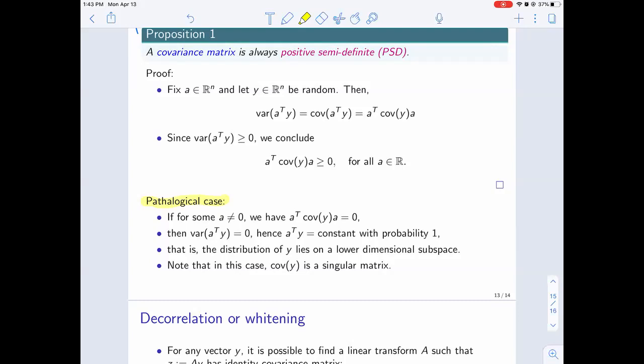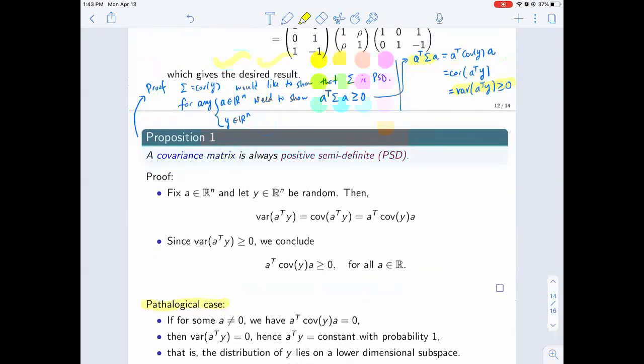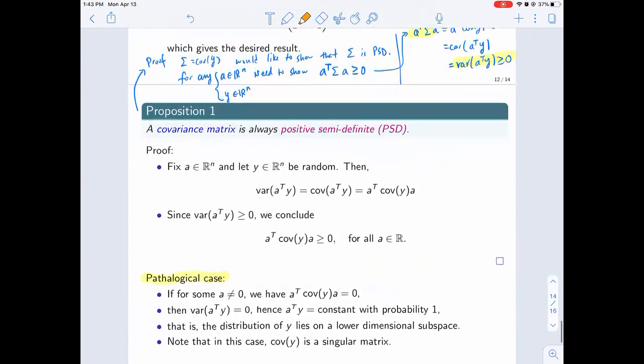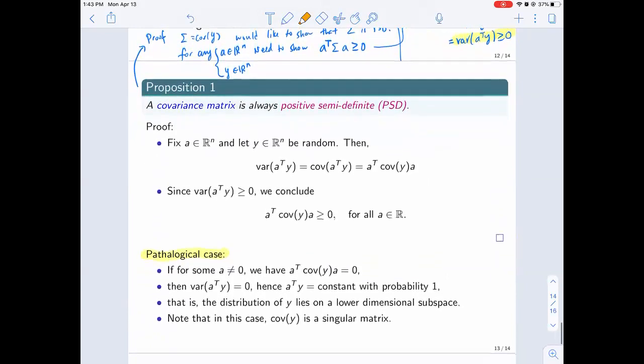But if you recall, we also defined positive definiteness, where the inequality is strict. If this inequality is strictly positive for any A that is non-zero, then we call the matrix positive definite. And this need not be true in general, okay?